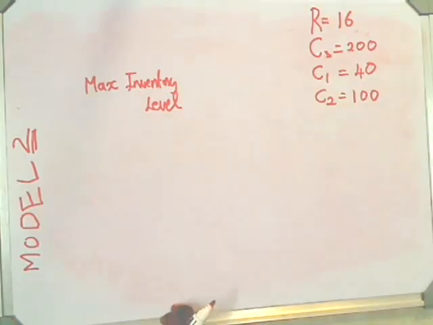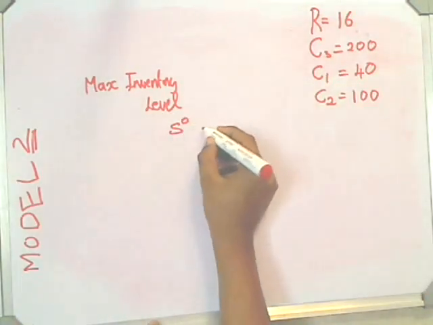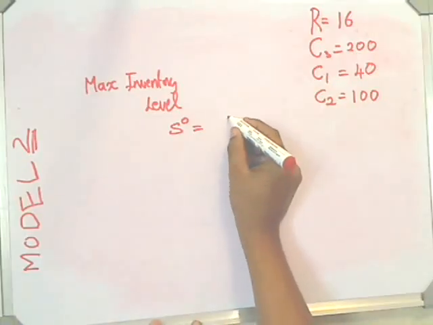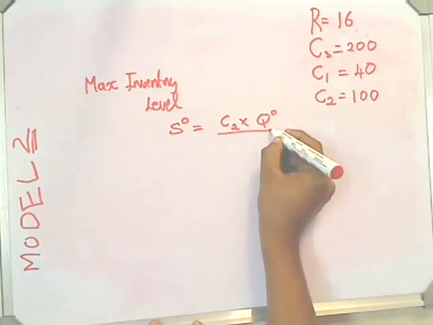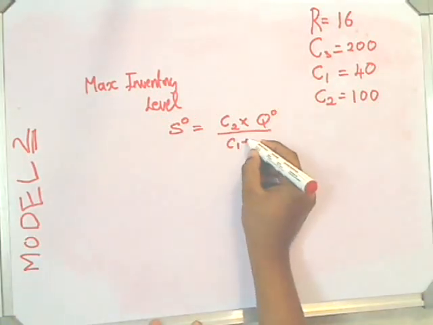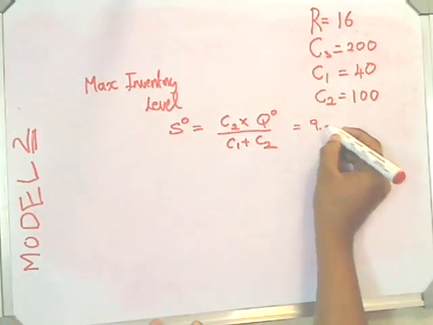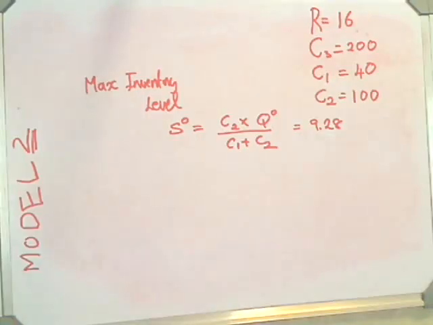Now here, because you're allowing a shortage, you consider a different way of calculating the maximum inventory level. S naught equals C2 multiplied by Q naught divided by C1 plus C2. Now this should give you 9.28.